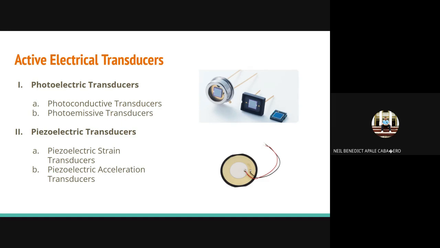The word piezoelectric literally means electricity caused by pressure. Examples are piezoelectric strain transducers and piezoelectric acceleration transducers. You might not find an actual picture of the transducer itself, but it is one type that you can see in cell phones, TVs, and so on.